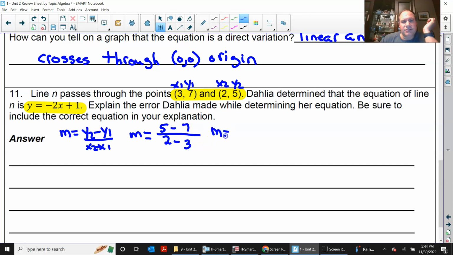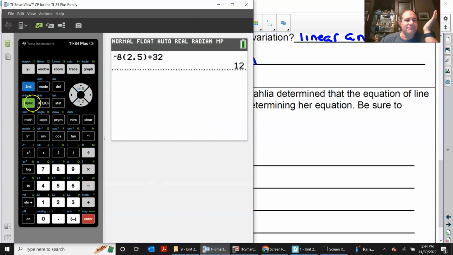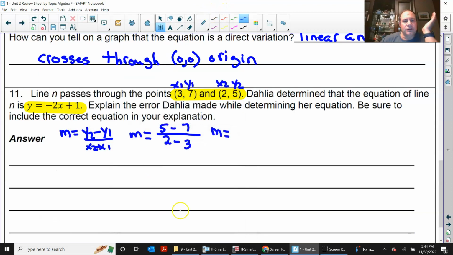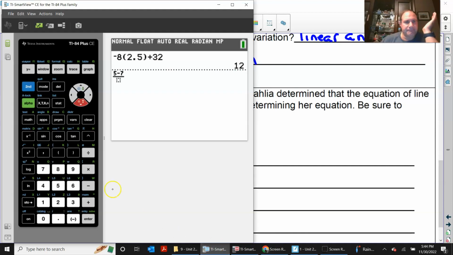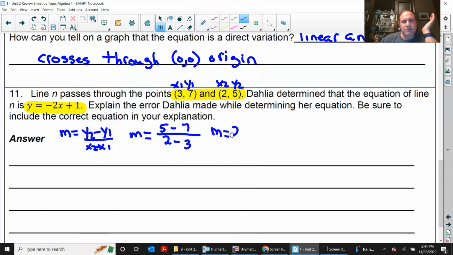I could do that really in my head, but I'm going to put it into my calculator. So my slope is 2, and Dahlia said negative 2. So I'm going to write that Dahlia made the mistake of putting a negative slope when it was a positive.